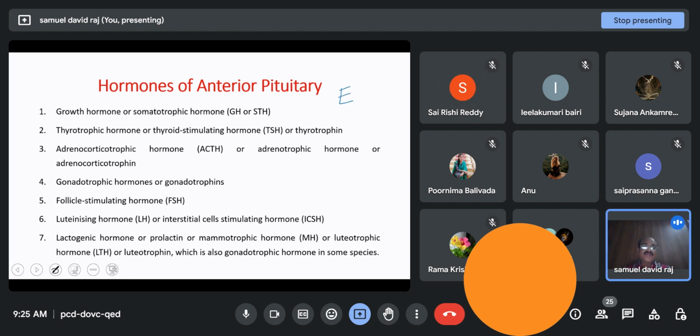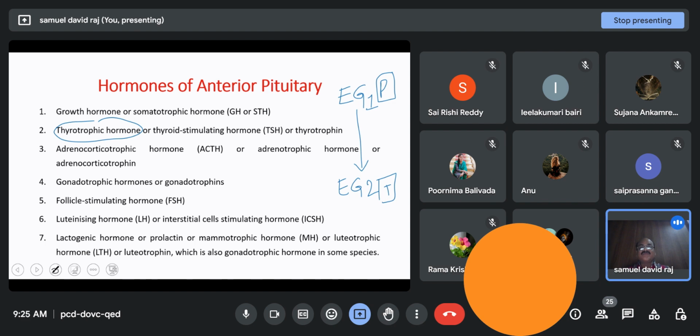A trophic hormone is a hormone that is secreted by one endocrine gland and stimulates the other endocrine gland. For example, thyroid trophic hormone. This is secreted by the pituitary gland and it stimulates the thyroid gland.